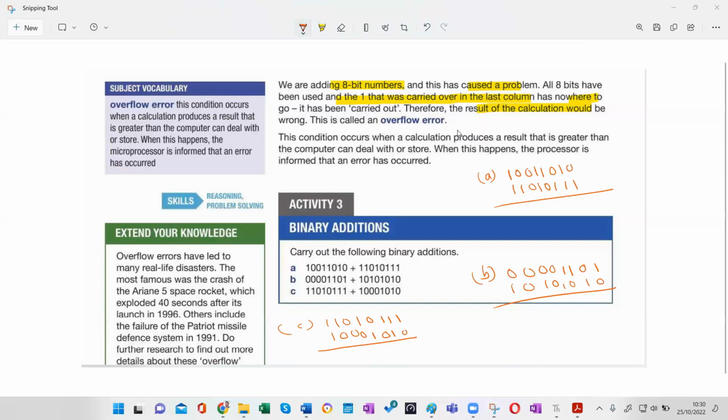Okay, let's do it, right? Have you written? Did you write all this? Are you ready to calculate?